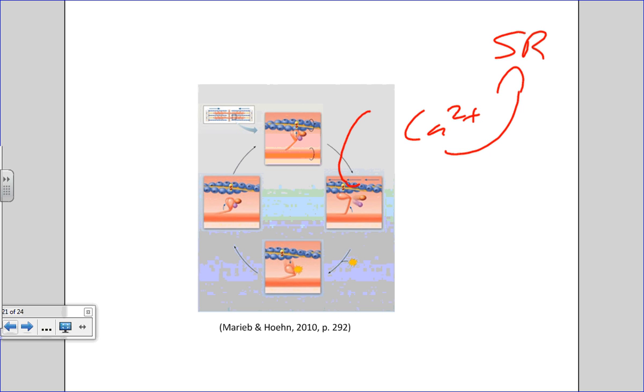The tropomyosin will then cover these active binding sites, and now myosin and actin cannot interact, and you have a relaxed muscle. And on the excitation phase, ACh will be broken down, and then taken back up by the neuron as well. So essentially, relaxation is easy. You just go backwards.